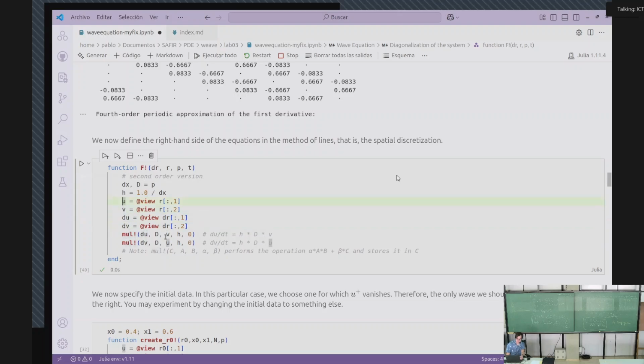So f will take as parameters r, which are the u and v, dr, which will be the derivative that is stored, p, certain parameters, which will be the spatial discretization delta x and the matrix for the finite differences, and the time t, which will not do anything in this problem.